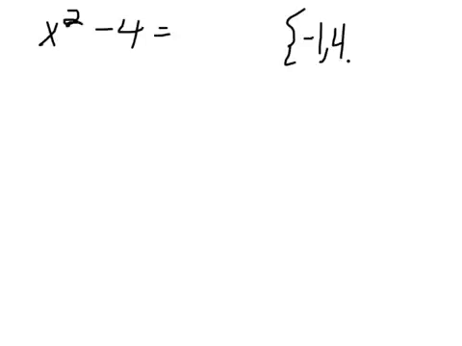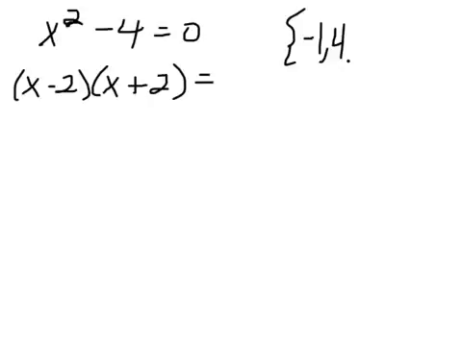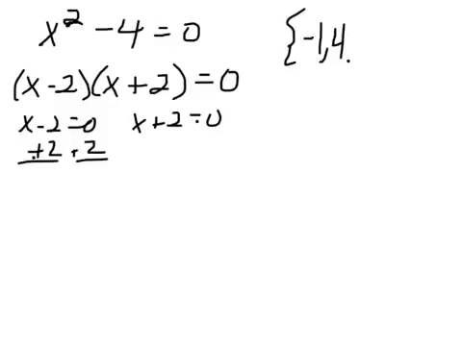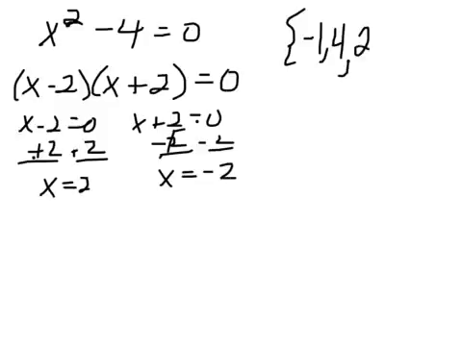Well, if you're setting that equal to 0, you could do whatever you want to do, but this factors into x minus 2, x plus 2. You could have also moved the 4 to the other side and taken square roots if you wanted to. Either way is going to get it pretty quickly. If you set each factor equal to 0, you're going to get 2 more answers. You're going to add 2 here. We'd get x equal 2 from this one, and from over here, if we subtract 2 from both sides, we get x equal -2.